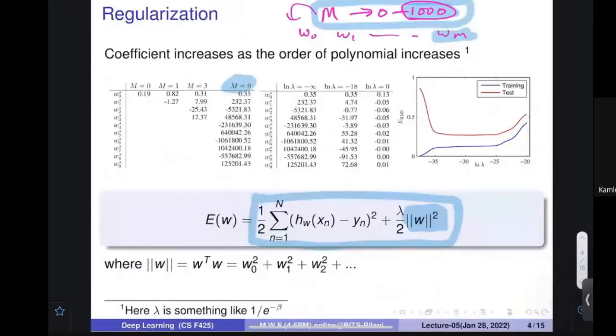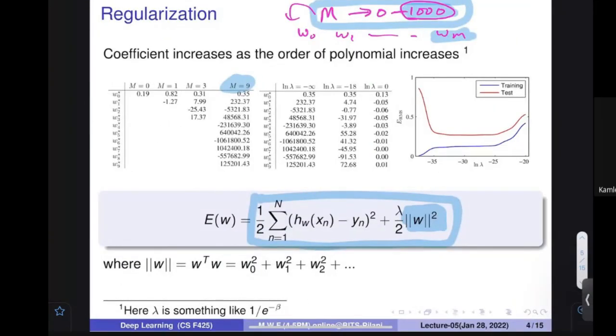That's why these values get larger and larger, and at the end they explode, and they become very near to the actual value.